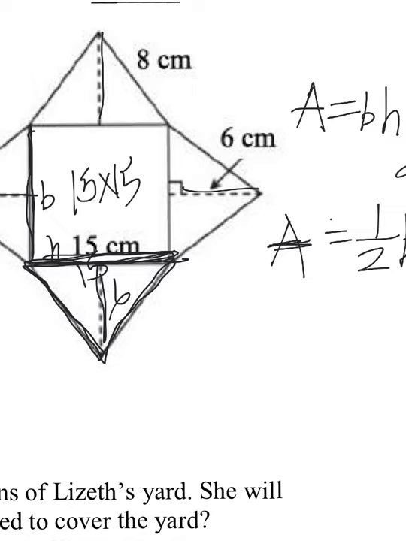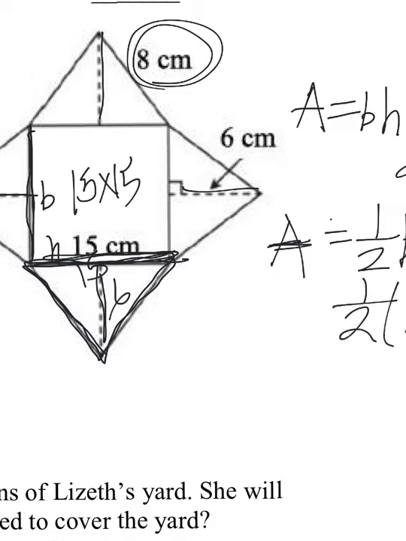Don't be fooled by that 8. You're not going to be using that. 1/2 the base of the triangle, which is 15, times 6. 1/2 of 6 is 3, and 3 times 15 is, that is right, 45.